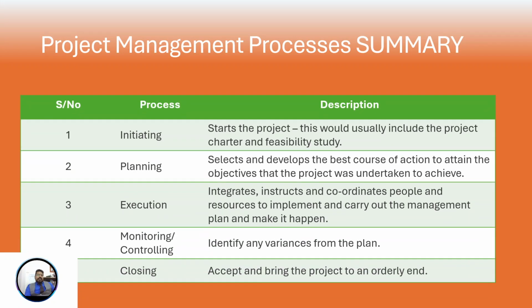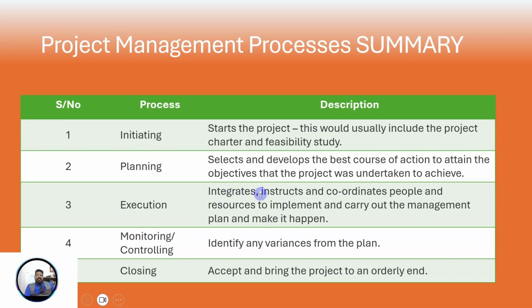Project management processes summary. You have the initiation phase, planning, execution, monitoring and controlling, and closing. In the initiation phase, you start the project. This would usually include the project charter and feasibility study. The planning phase selects and develops the best course of action to attain the objective that the project was undertaken to achieve.